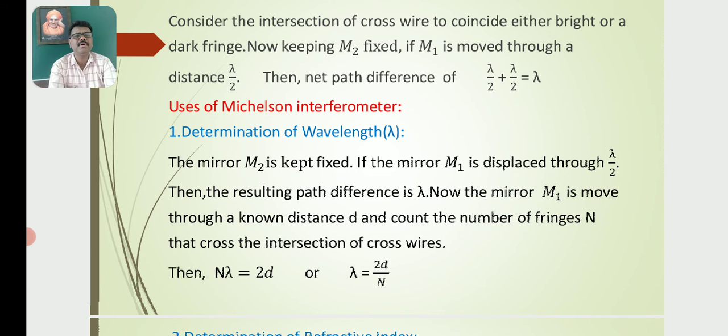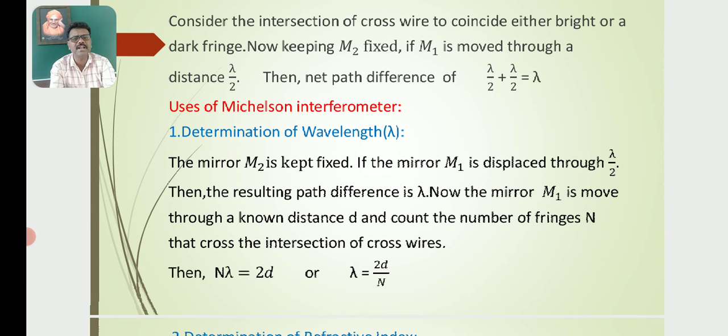If the mirror M1 is displaced through lambda by 2, then the resulting path difference is lambda, as I said in the above expression. Now the mirror M1 is moved through a known distance d, and we count the number of fringes n that cross the intersection of crosswise.